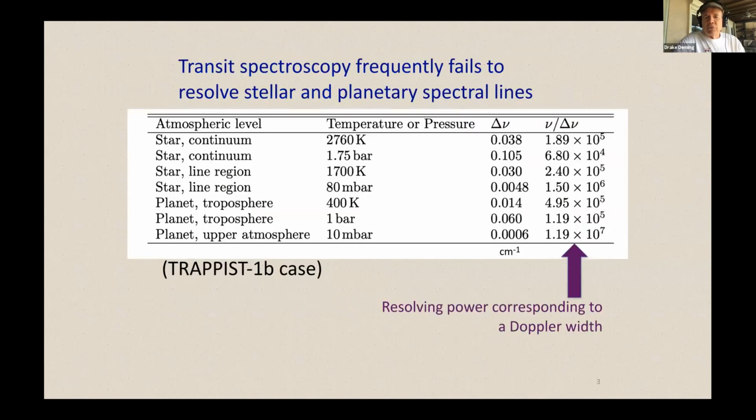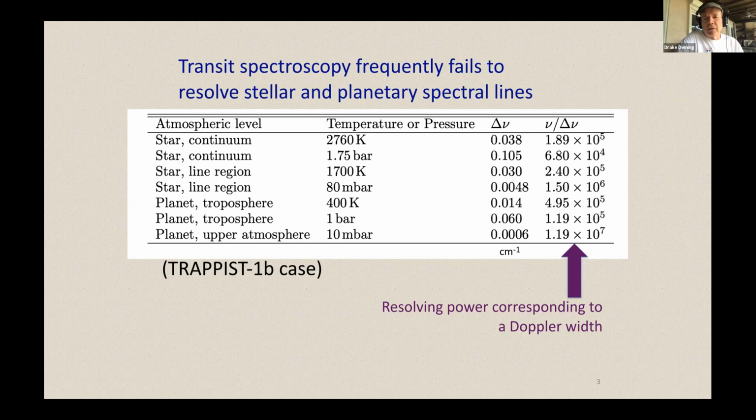So the first thing to remind you of is that the overlap between stellar lines and planetary lines, and the radiative transfer that occurs in the transit, occurs at high spectral resolving power. What do I mean by that?